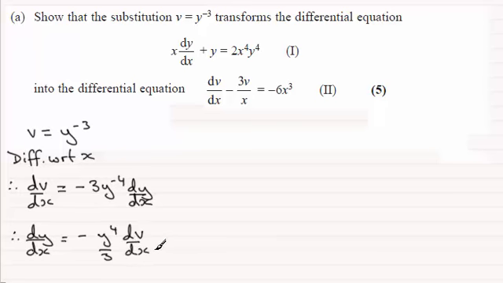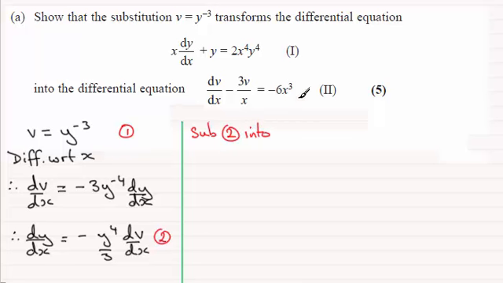So I'm going to have to call upon this equation here and this equation here at some point. So let's just number these equations here, 1 and 2. And let's just section this off and then say sub equation 2 into this one here, okay?